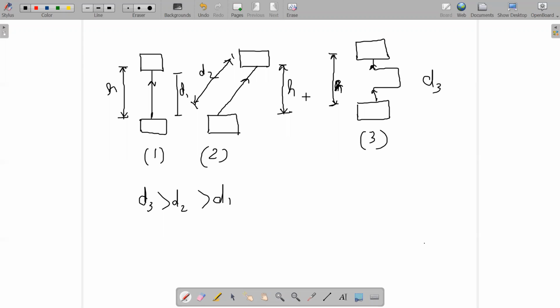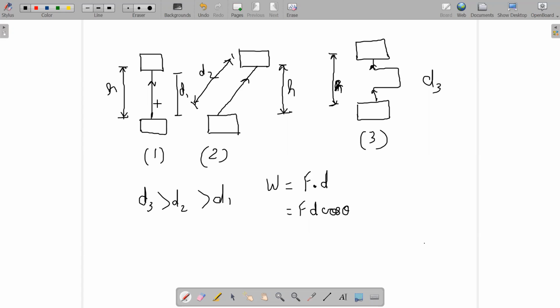Of h, right? So let us understand how work done is given as force into displacement, and this multiplication is actually a dot product. So it comes out to be force into d into cos theta, where theta is the angle between these two vectors.